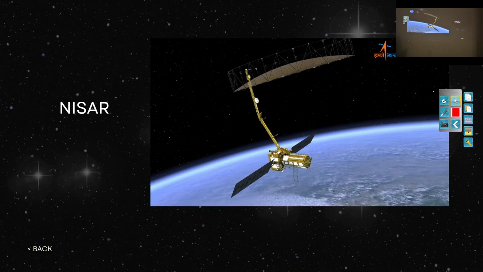It was launched in 2025 and it is placed in the low Earth orbit.